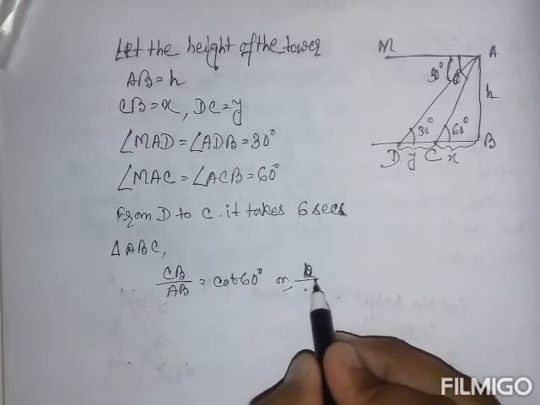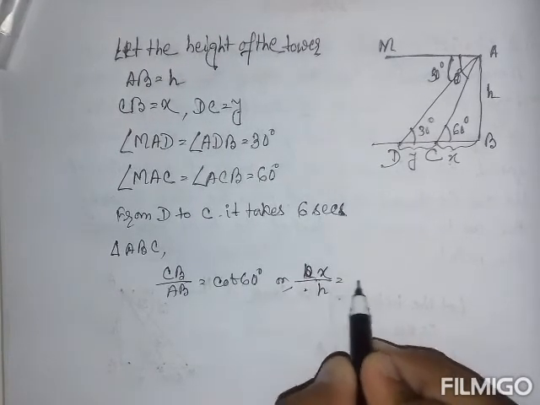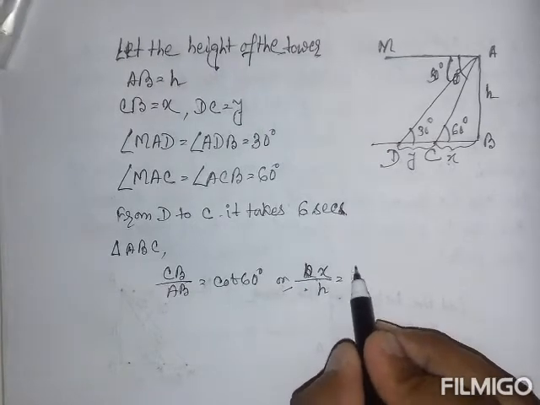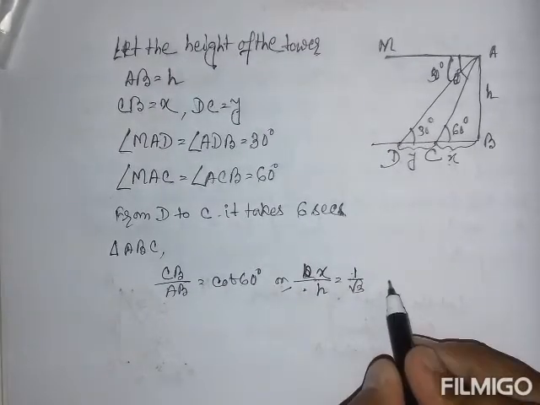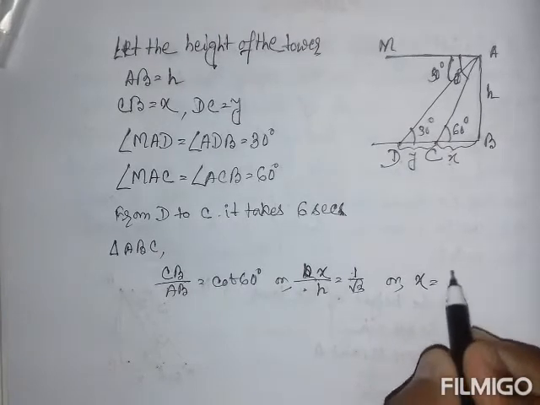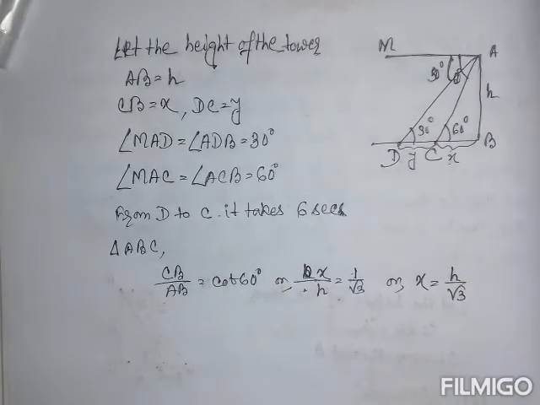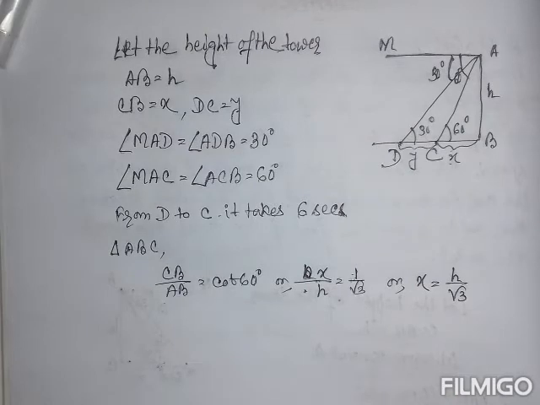CB means X and AB means H, so X by H is equal to cot 60, 1 by root 3, or X is equal to H by root 3.